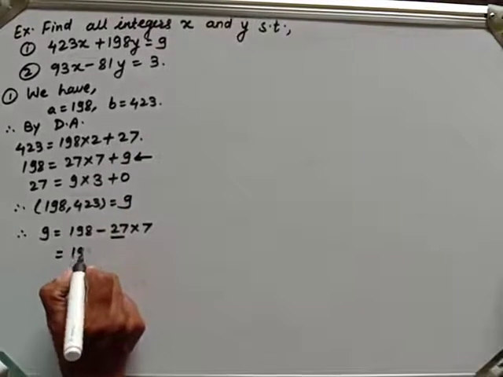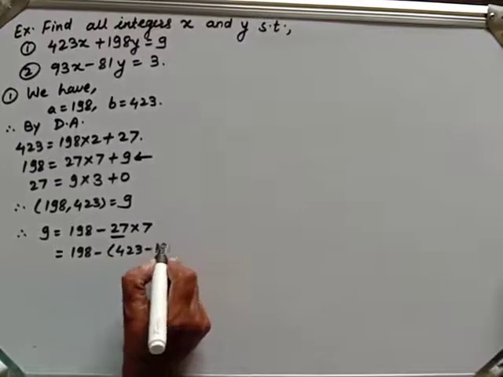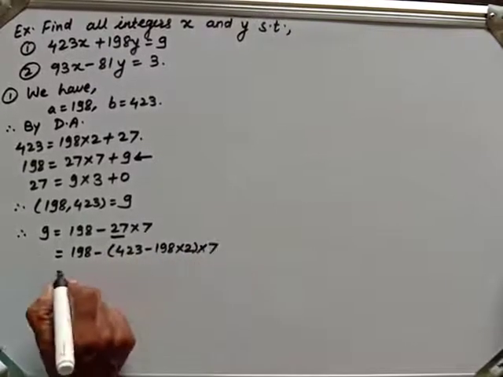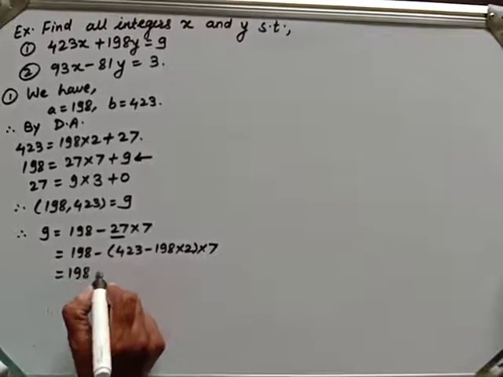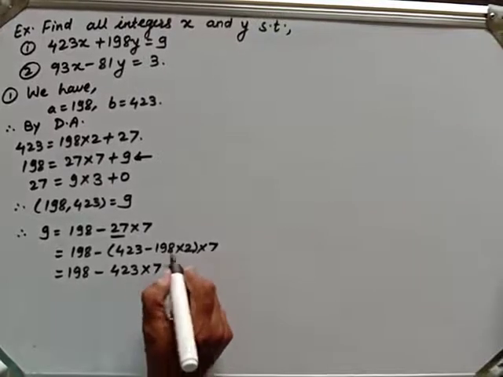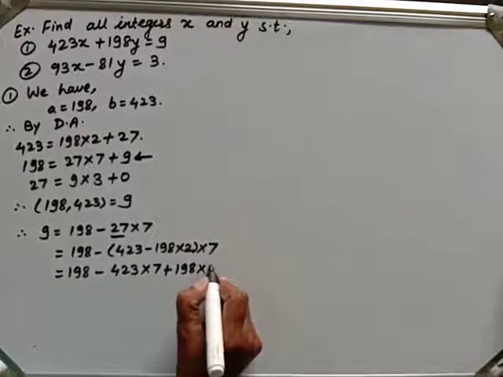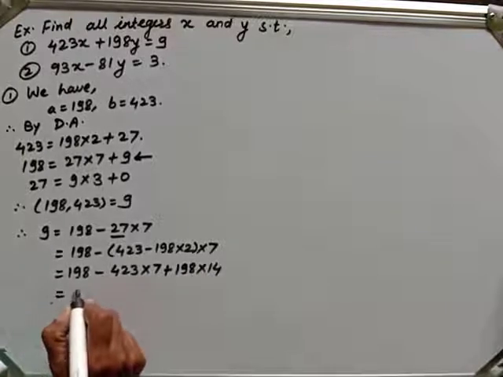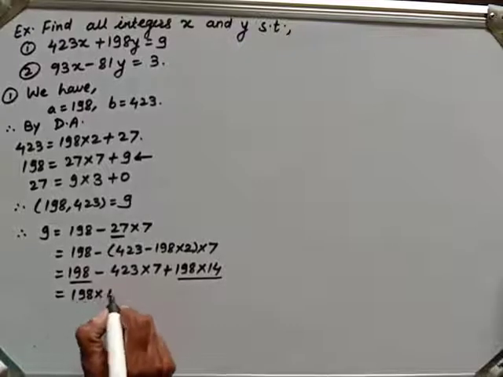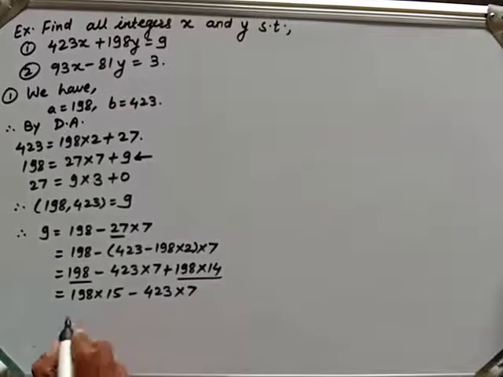So it will be 198 minus (423 minus 198 multiplied by 2) multiplied by 7. So it will be 198 minus 423 multiplied by 7 plus 198 multiplied by 14. So it will be 198 multiplied by 15 minus 423 multiplied by 7.